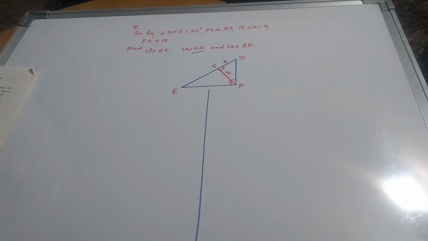Question number 7. In figure, angle DFE is 90 degree, FG perpendicular to DE, GD is equal to 8, FG is equal to 12. Then find EG, FD and EF.